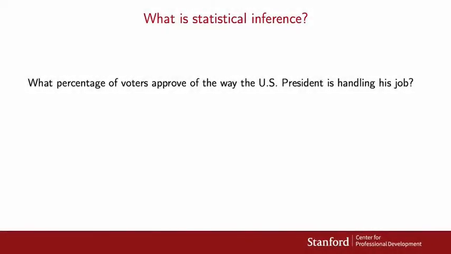To explain what statistical inference is, let's look at a question you've probably heard a lot about in the news. What percentage of voters approve of the way the US president is handling his job? This question has been asked by polling companies since the 1930s.